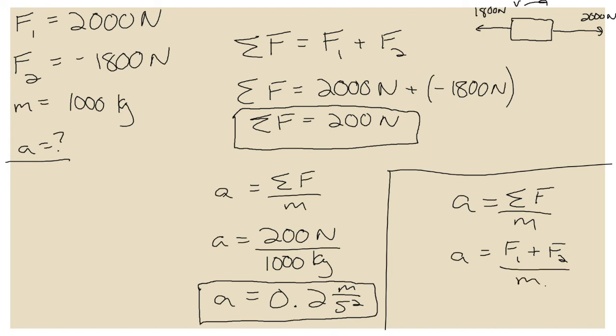That is totally fine by me, and doing this in one step, because they did not actually ask you for the sum of the forces. They just asked you for the acceleration. And so doing it like I showed here on the bottom right-hand corner of the slide is totally fine with me. So according to the information given in the problem, this boat has an acceleration of 0.2 meters per second squared.